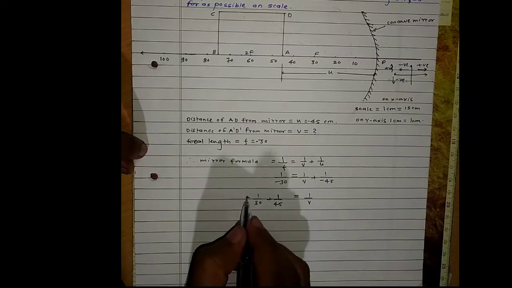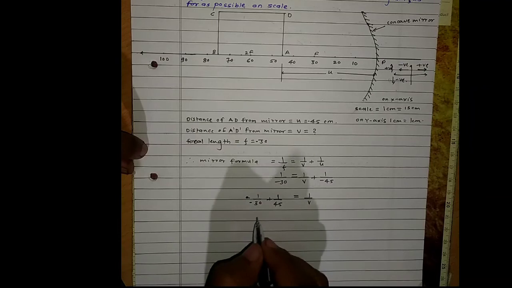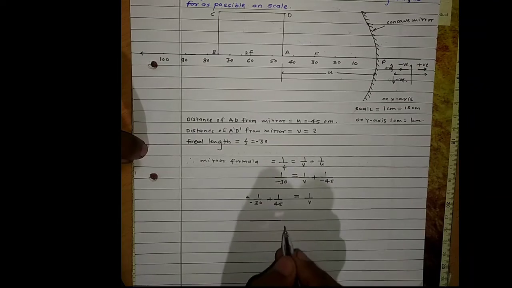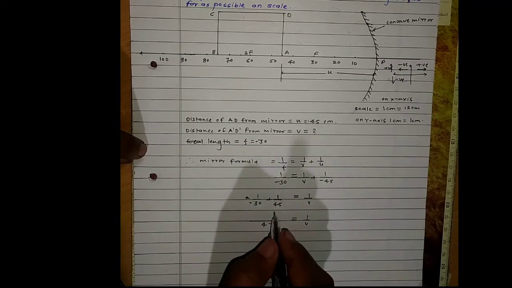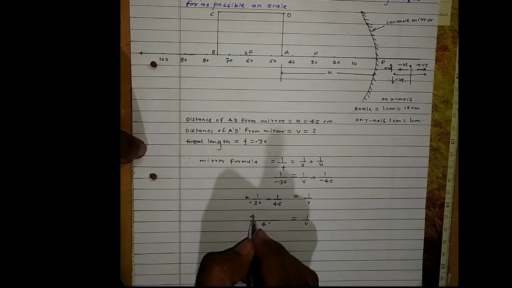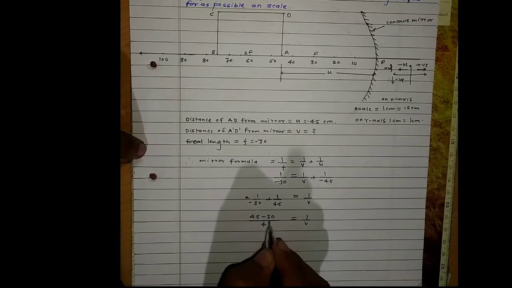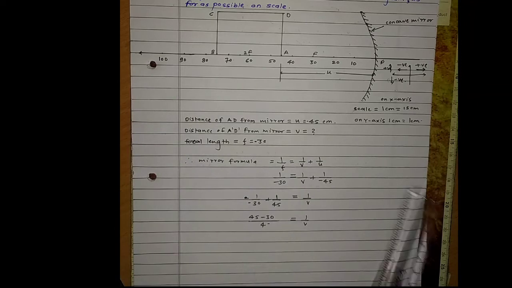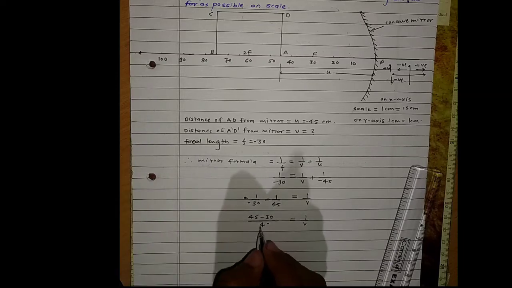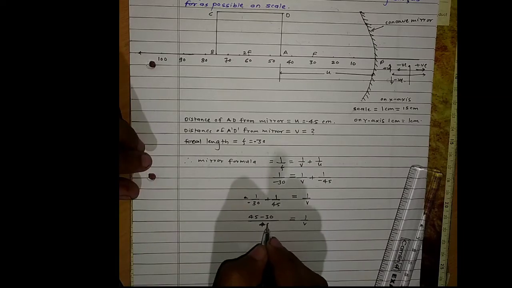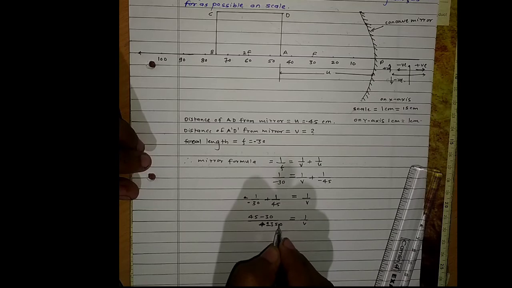So minus 1 upon 30 plus 1 upon 45. Now take the LCM, which is 45 into 30, so 1350.